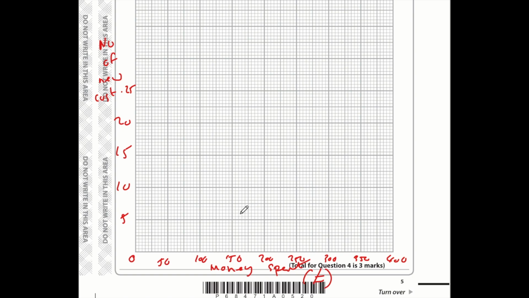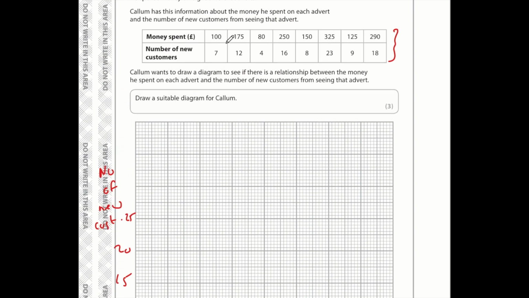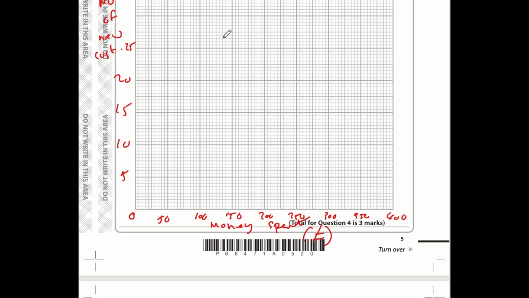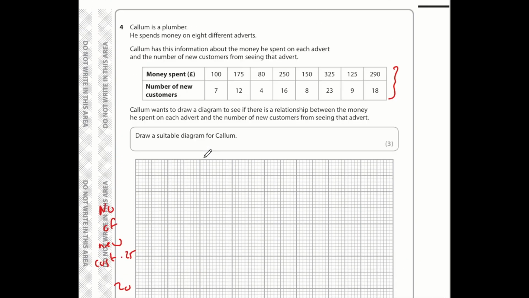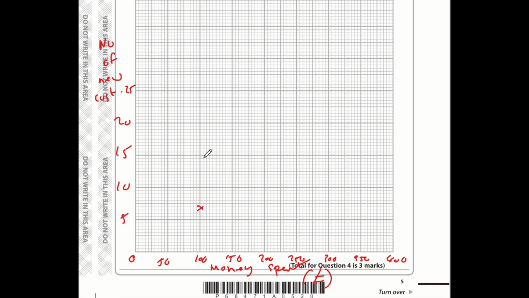I think that's reasonable. Okay, so money spent 100 and is 7. Then 175, 12: here's 175, 10, 11, 12.